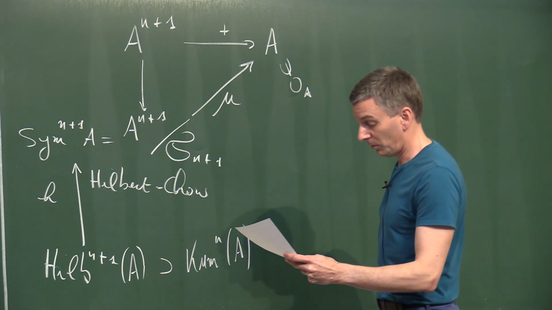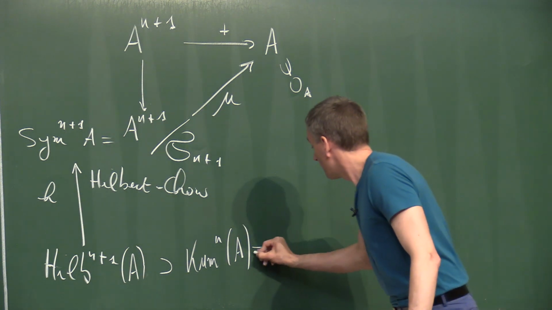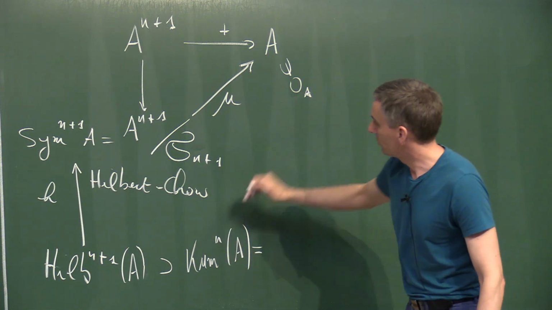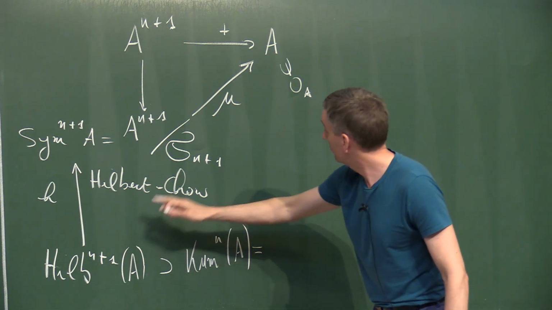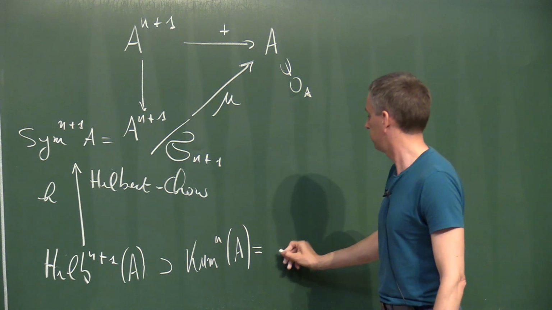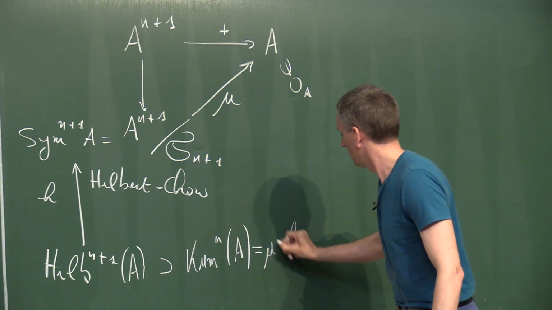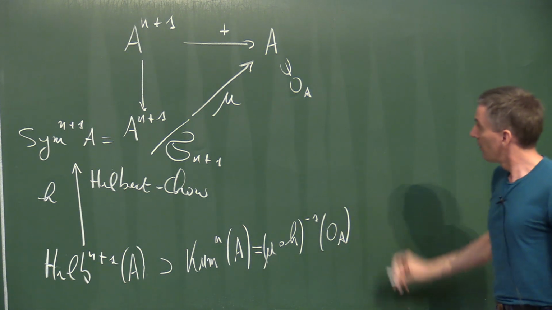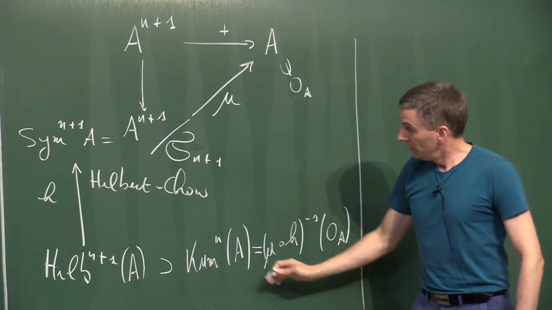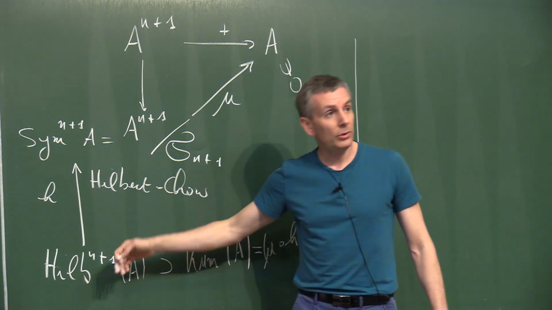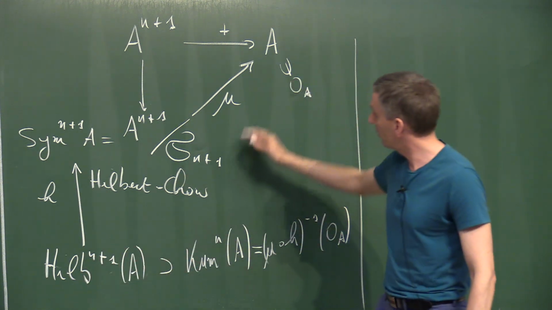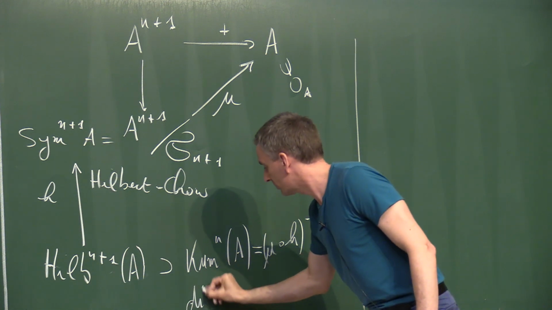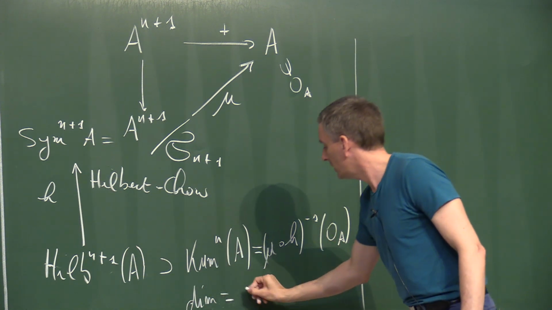This is always a strange notation. It is the fiber over the origin, (nu composed with H) inverse of 0. Since this variety has dimension 2 times n plus 1, when we take the fiber over the origin, the Kummer variety has dimension 2n.